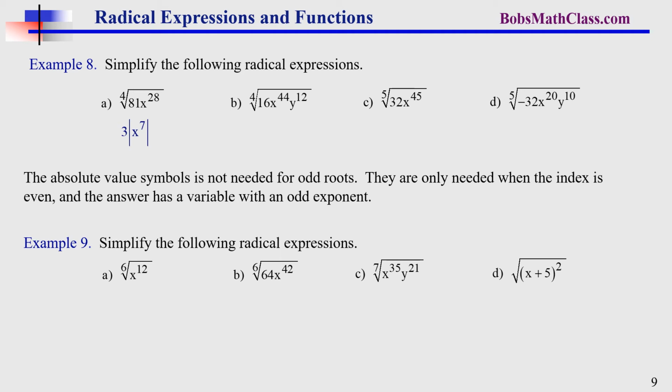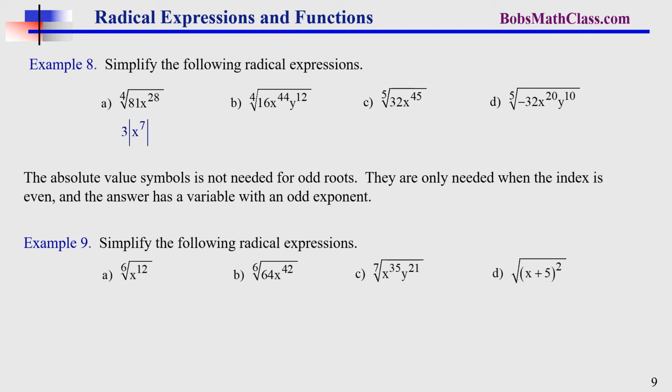Whenever our index is even and our answer has a variable that's odd, that's when we need the absolute values. So here's our note. The absolute value symbols are not needed for odd roots. They are only needed when the index is even, that's what we have, and the answer has a variable with an odd exponent.